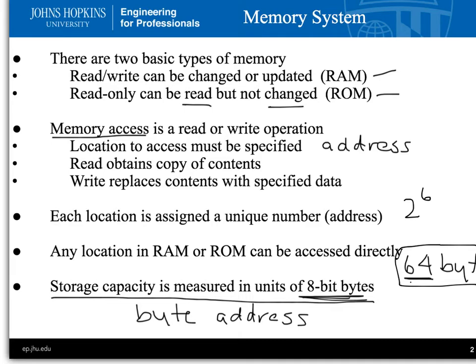Our addresses are in binary. It's going to take 6 bits. So we're going to say that address is 6 bits long. So we have an access, a location. Read will copy data from memory, and write will place data in memory.